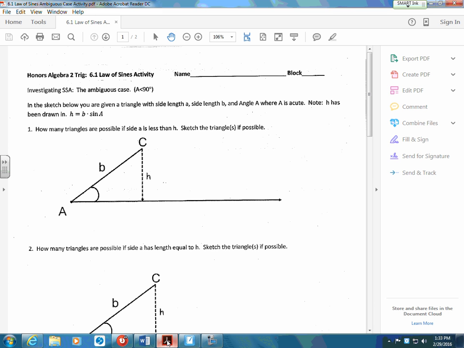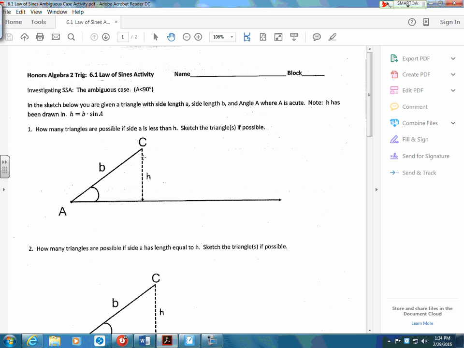So I want you to do this with me, please. All right, it says in the sketch below, you are given a triangle with side length A, side length B, and angle A, where angle A is acute. Note that H has been drawn in. What's this H? H is going to be the perpendicular, okay?